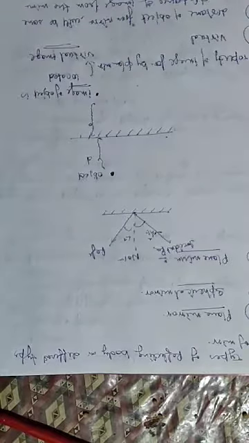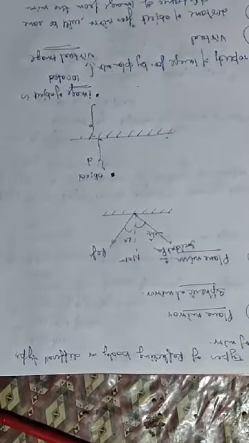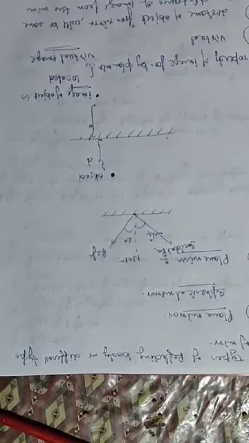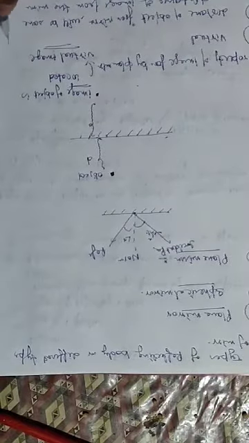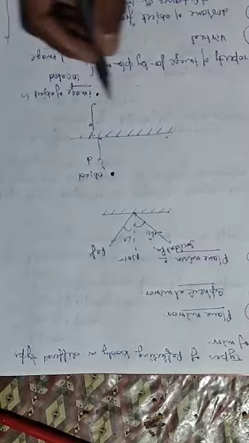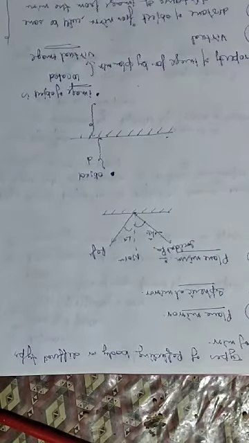Means the size of the image will be equal to the size of the object. So these are all the basic properties of the image which is formed by a plane mirror.